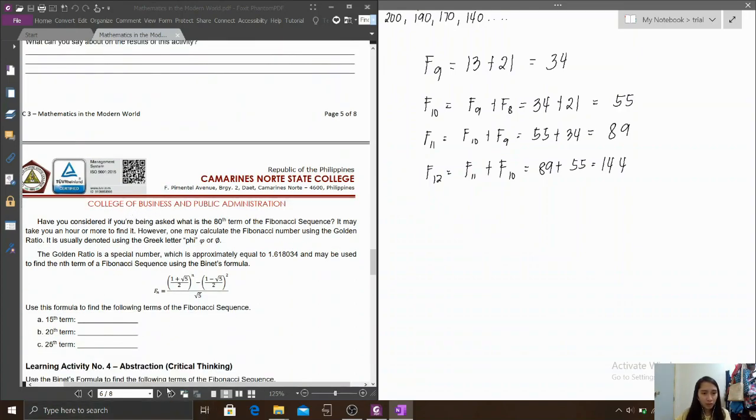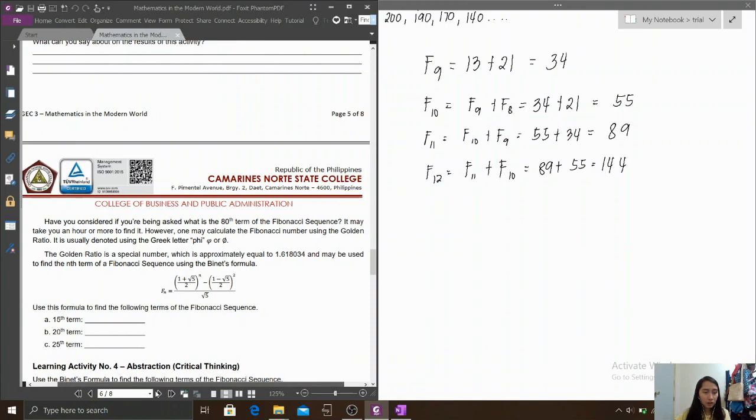We have another formula here. So, have you ever considered if you're being asked what is the 80th term in the Fibonacci sequence? For the 80th term, you still need to find the preceding terms before you can find the 80th term.